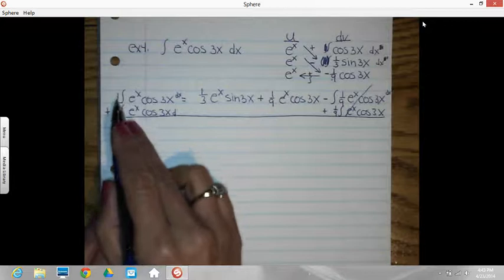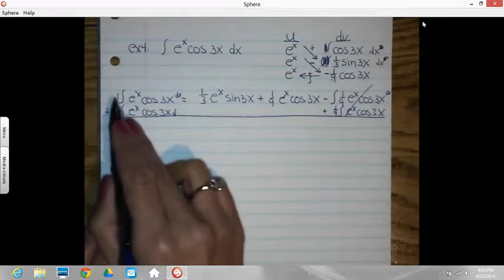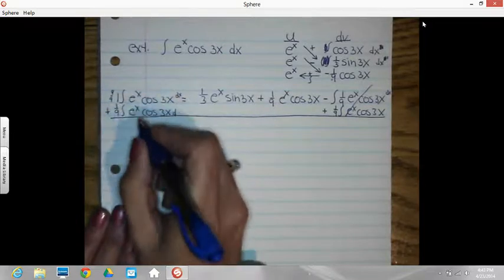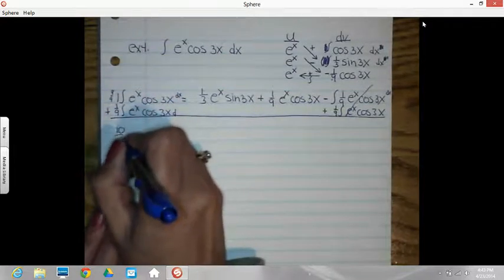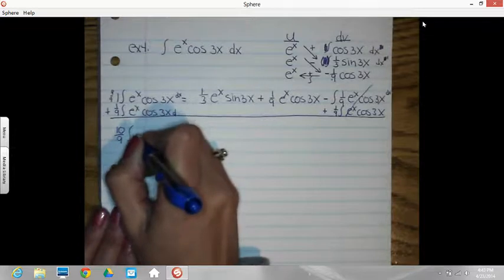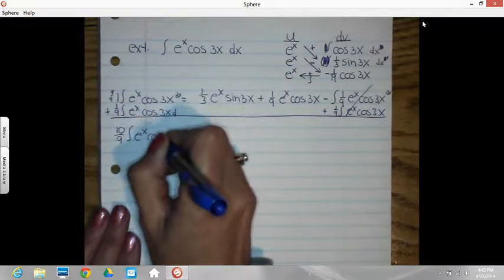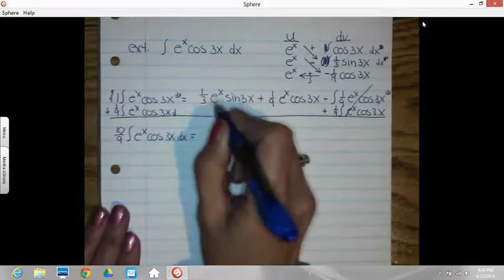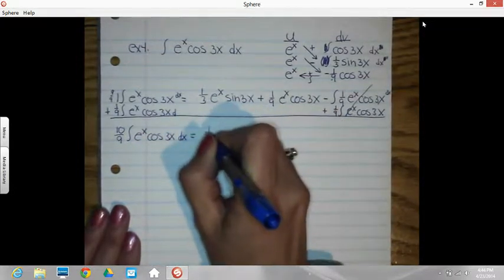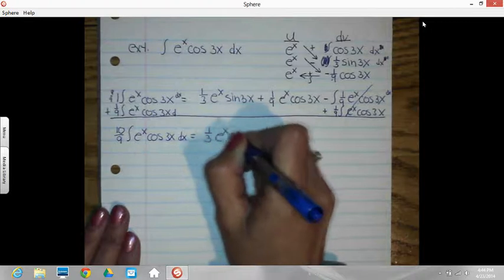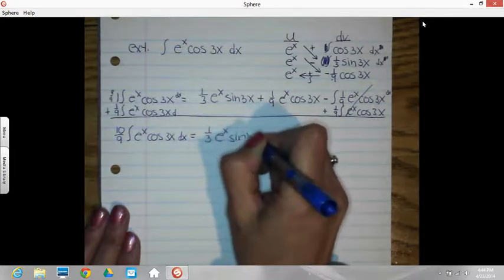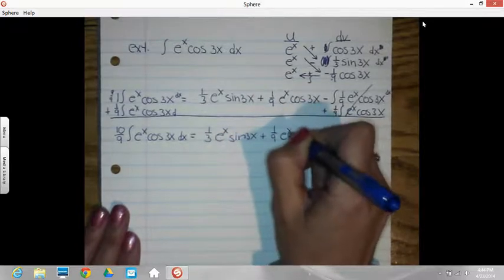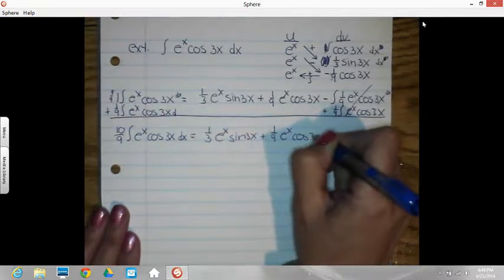I'm going to add these as like terms. 1 plus 1/9. Well, I'll make that 9/9. 9/9 plus 1/9 is 10/9 times the integral of e to the x cosine 3x dx equals, and I've got these two terms left, 1/3 e to the x sine 3x plus 1/9 e to the x cosine 3x.